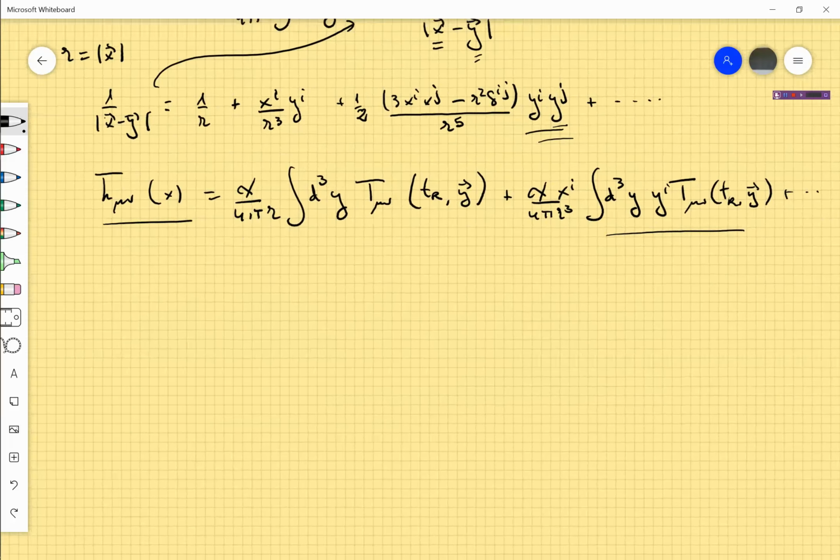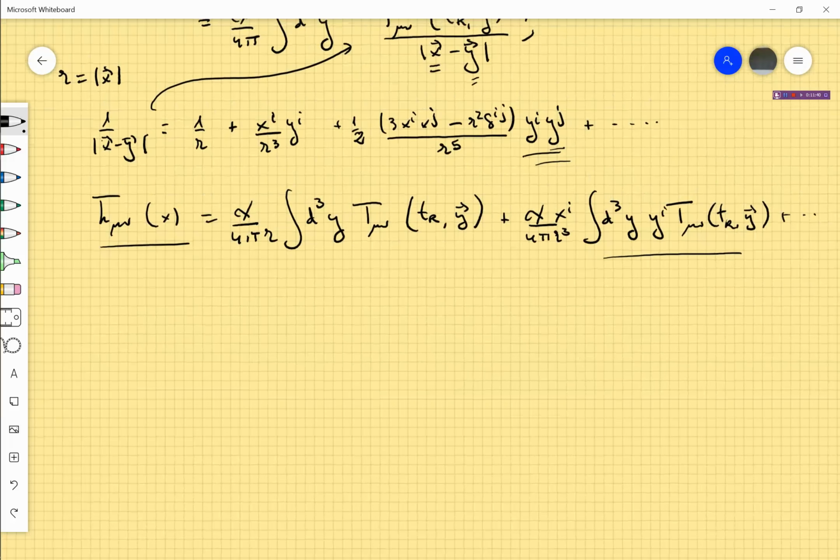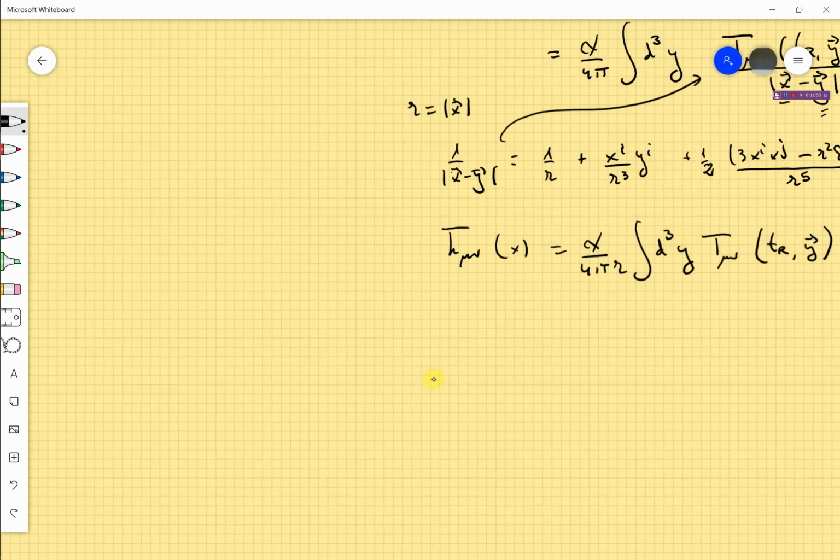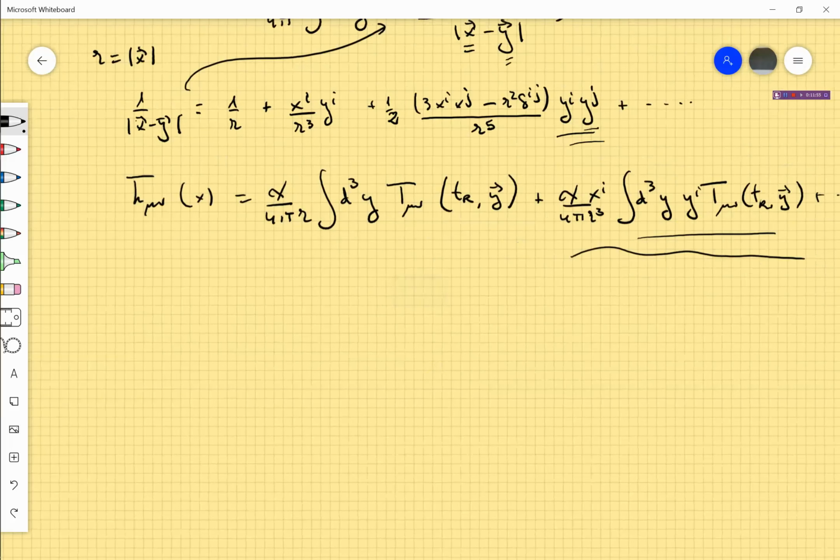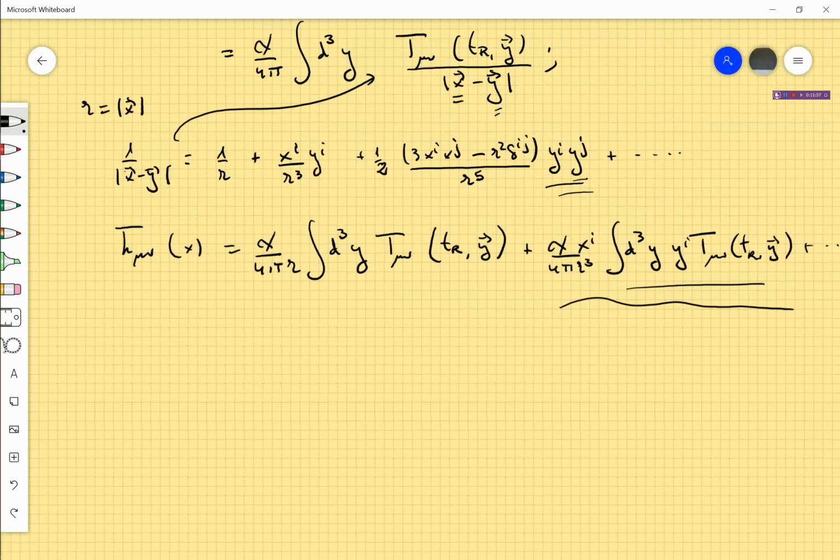Now, if we are really far away from the source, we can ignore all these higher order terms. In fact, we will do so, and we are going to consider only the first term, which is a good approximation for our problem.